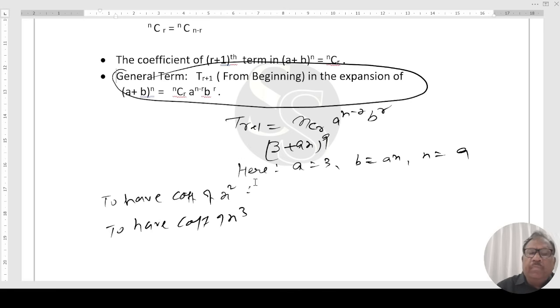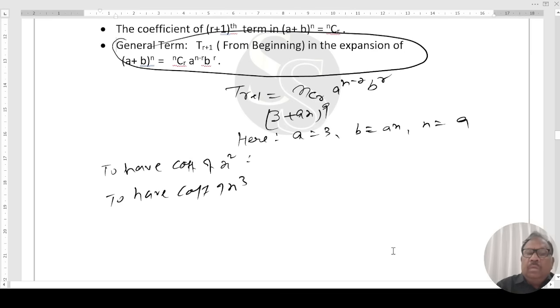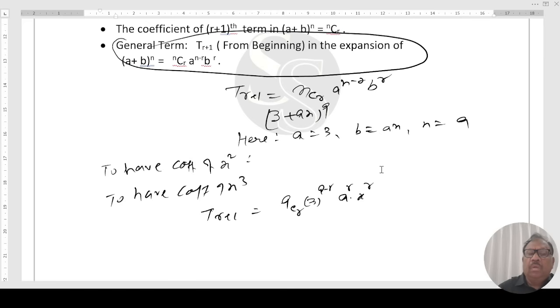First of all, writing T(r+1) will be equal to 9Cr 3^(9-r) a^r x^r. So from this, to have the coefficient of x^2, r equals 2.